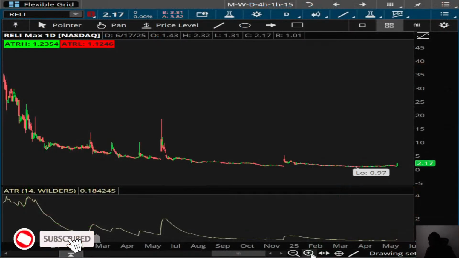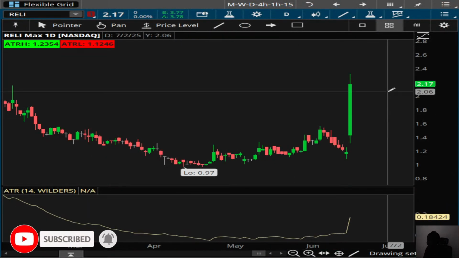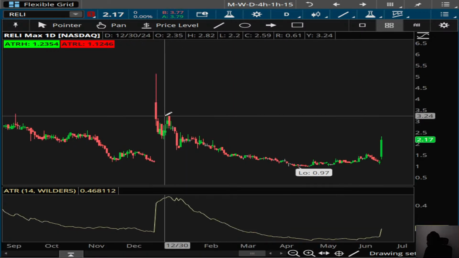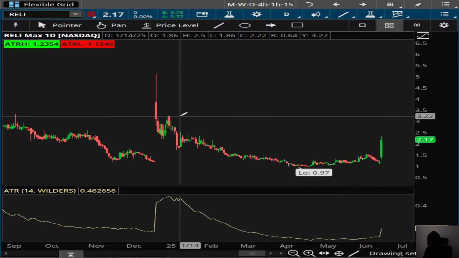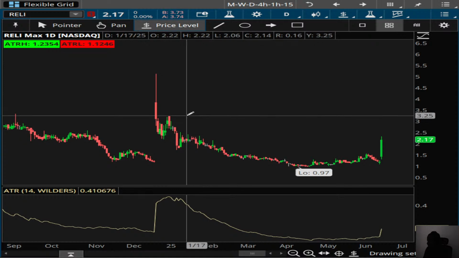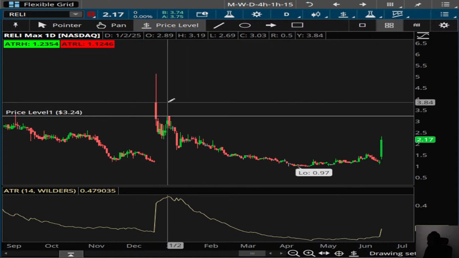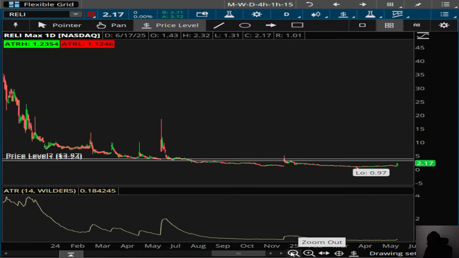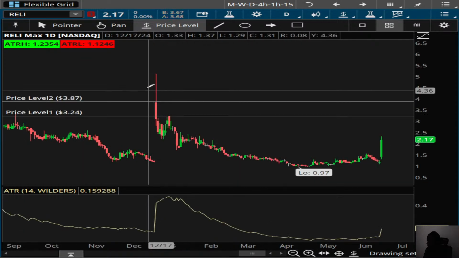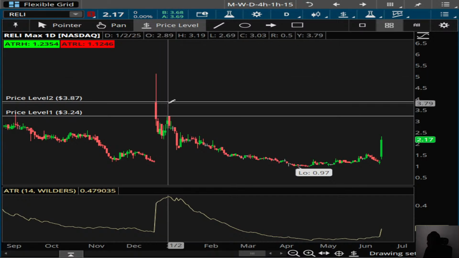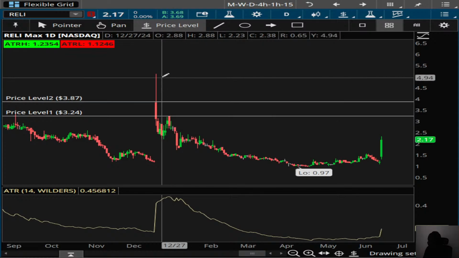Let's look over here on this daily chart. Closed yesterday at 2.17. Had a level, looks like a level here at 3.22. Could have been a possibility. Then up here to 3.87 on the daily chart. And past that, we have a $5 up there, but I don't know about that.